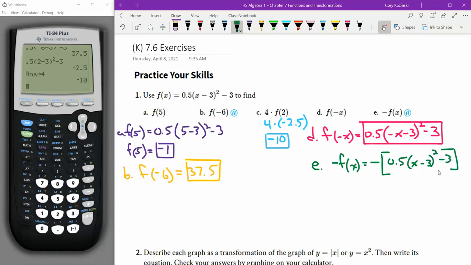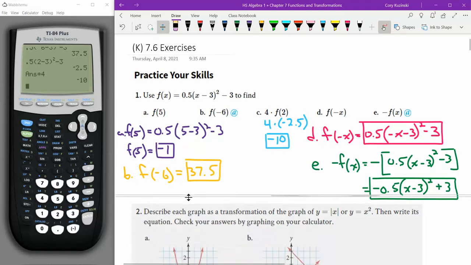Just taking the opposite of the whole thing, which I can distribute that negative sign, get rid of those brackets, I guess. Negative 0.5 times x minus 3 squared plus 3. So it's the opposite of this product and the opposite of negative 3. That's probably the easiest way to write it.